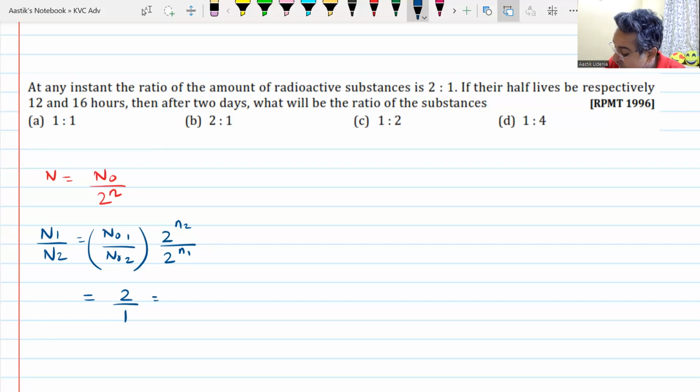So we multiply 2 raised to the power of the number of half-lives of the second body, that will be equal to how much? 2 raised to 48 divided by 16, divided by 2 raised to 48 divided by 12.